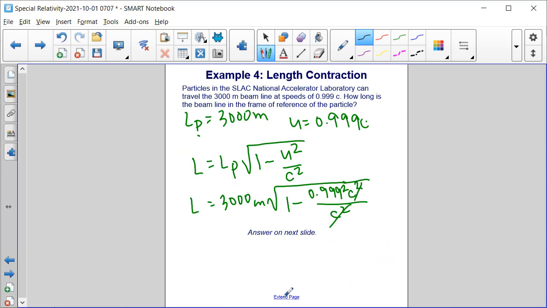Then multiply that by 3,000, and we get 134.13 meters. So it should be less, right?